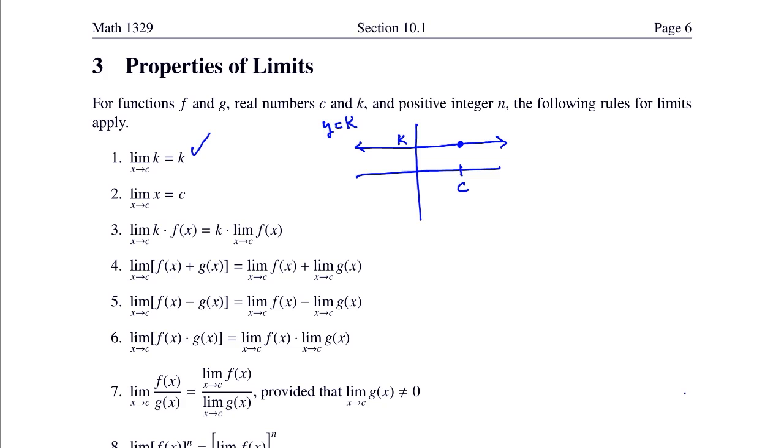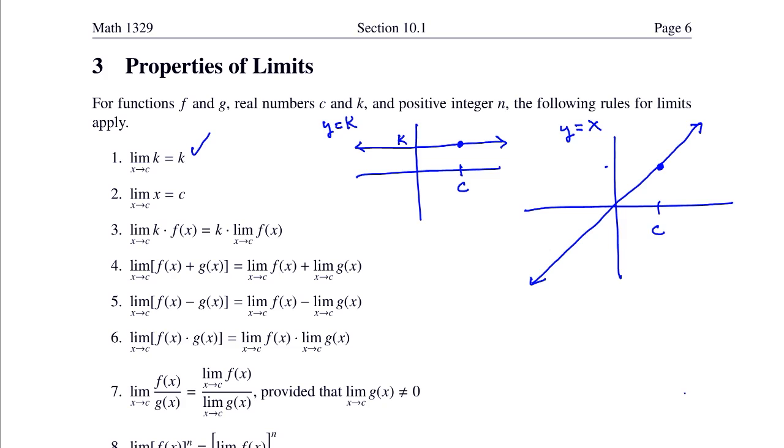On number 2, we have the limit as x goes to c of the function x is equal to c. I'll draw this. This is y is equal to x. You remember that is this line, a 45-degree angle line, like so. We'll pick an x value, c, and go up to this point here.